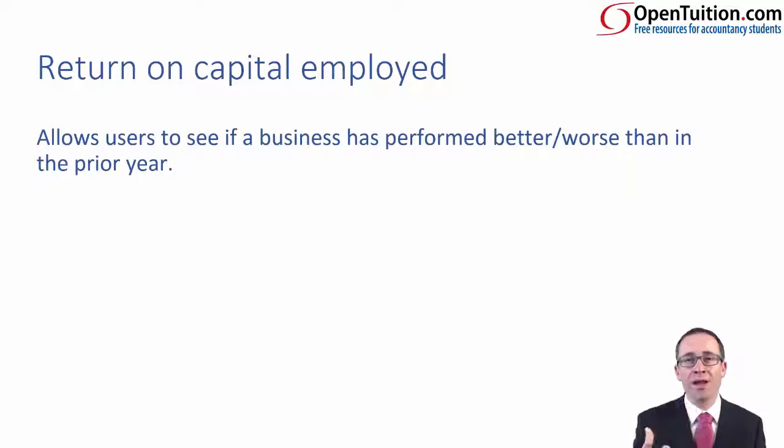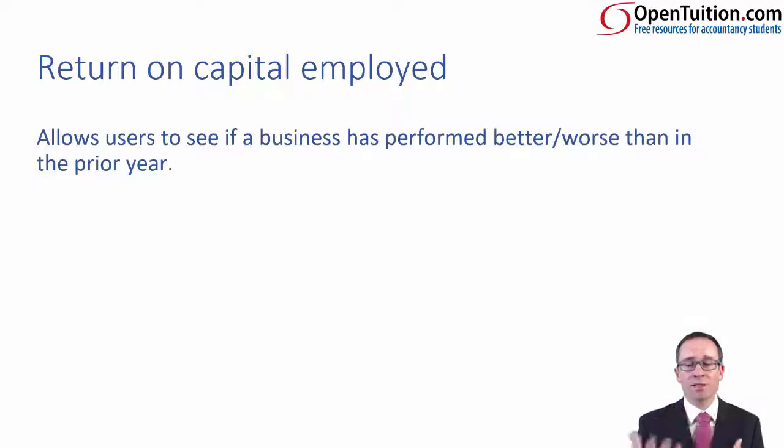Have we performed relatively well this year compared to last year? And what we do is we take our return and divide it by the capital employed to go through there and think about it on a relative basis. Are the profits that we're making this year better based upon the capital at our disposal that we have used to help generate those profits? So it's a brilliant performance indicator.